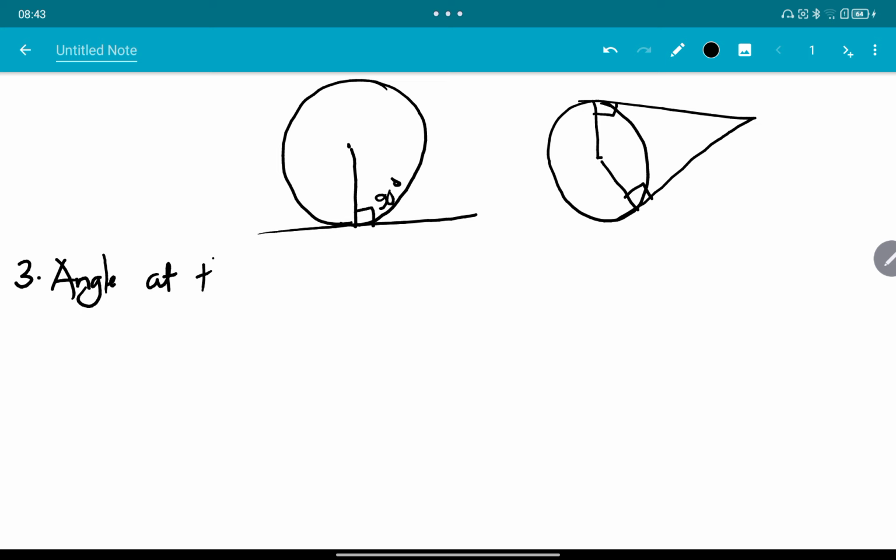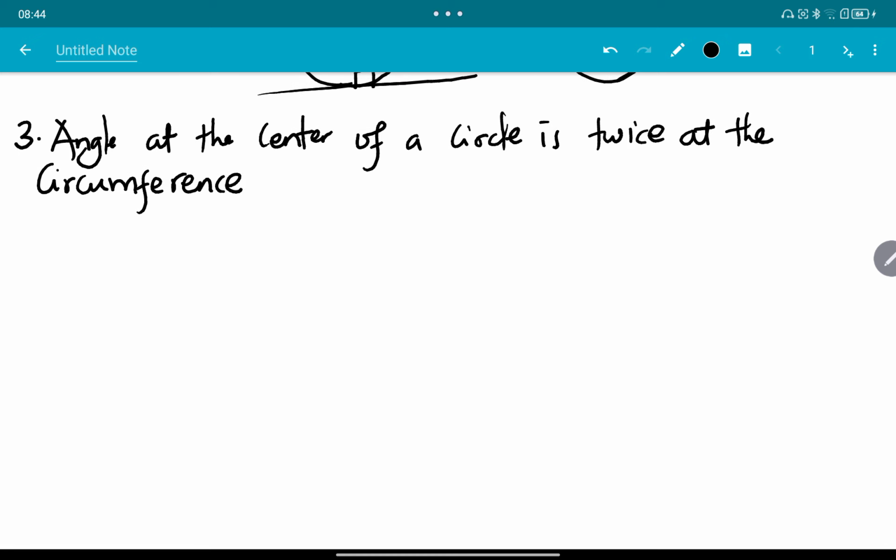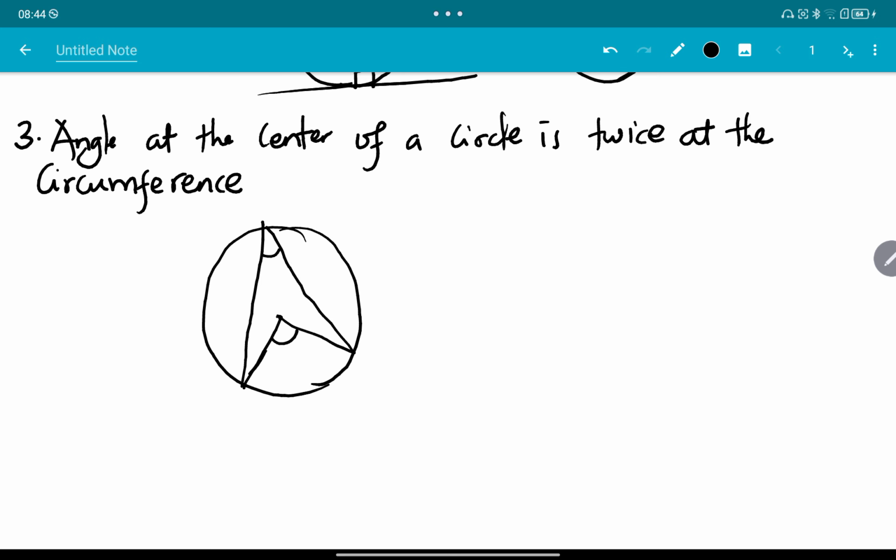Then the third point you also need to know is that the angle at the center of a circle is always twice the angle at the circumference. This is very crucial, very important. You need to master this. That being our center, the angle at the center here is always twice the angle at the circumference. If this is x, that means this is 2x.